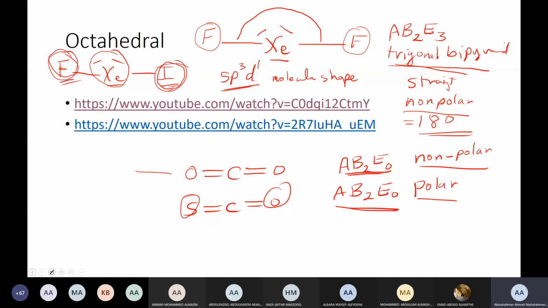What's the hybridization in CO2? sp. What's the hybridization of SCO? Same, also sp. What's the hybridization of FXeI, this molecule? sp3d1.